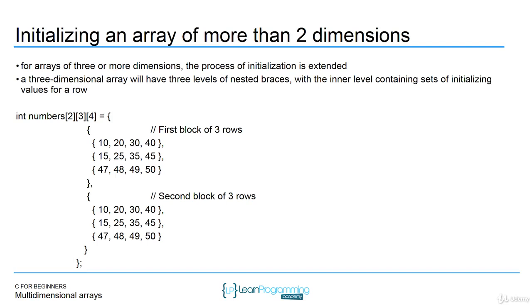And then the second block is going to initialize the next 3 rows. But the third and the fourth blocks are not going to be initialized. If you wanted to initialize the third and the fourth blocks, you'd have more inner curly brackets and so forth. Same thing applies though for the ones that you do not initialize. They will be initialized to 0. But again, you can see how it gets very tedious and also very hard to follow.